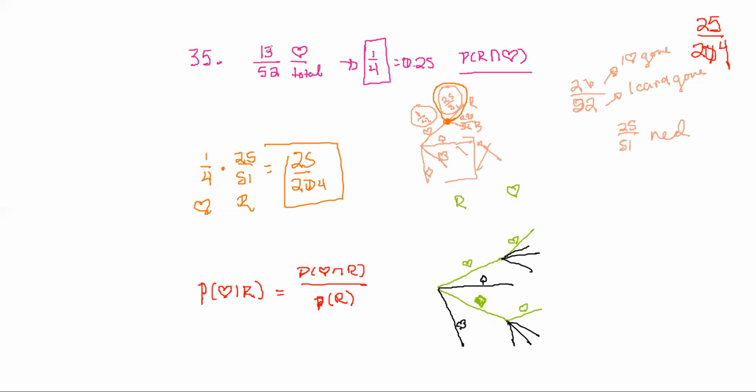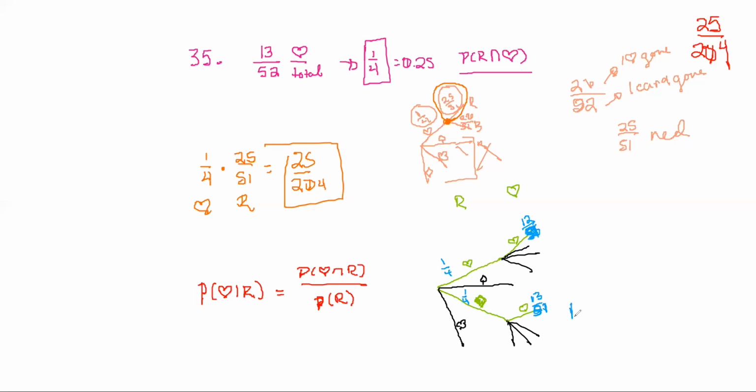Okay, so the chance of this happening is 1 over 4. Chance of this happening is 1 over 4. The chance of this happening is 12 over 51. And the chance of this happening is 13 over 51.